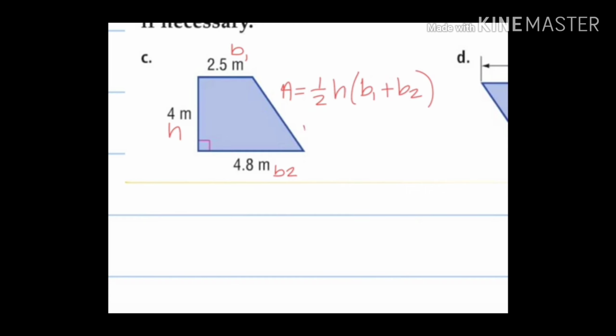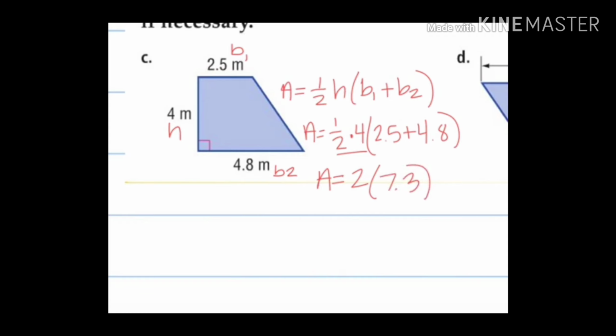So we have 1/2 times 4, and then 2.5 plus 4.8. So I know 1/2 times 4 is 2, so I'm just going to simplify that. So 2 times, and then we have 4.8 plus 2.5 is 7.3. And now I just have to do 7 3/10 times 2, and I get 14.6. I match my units, so meters squared.